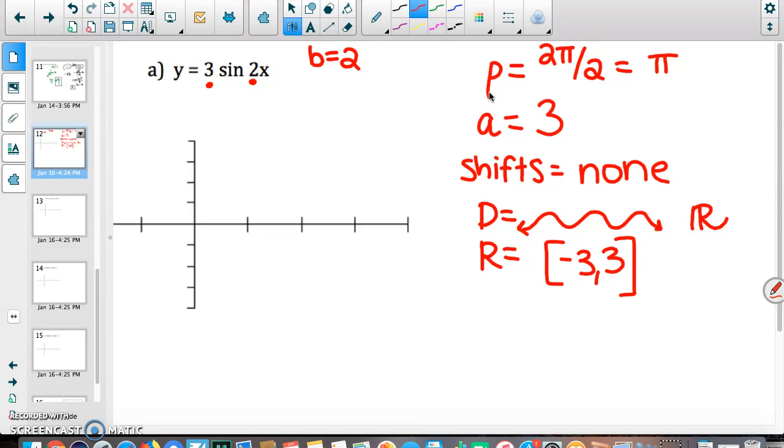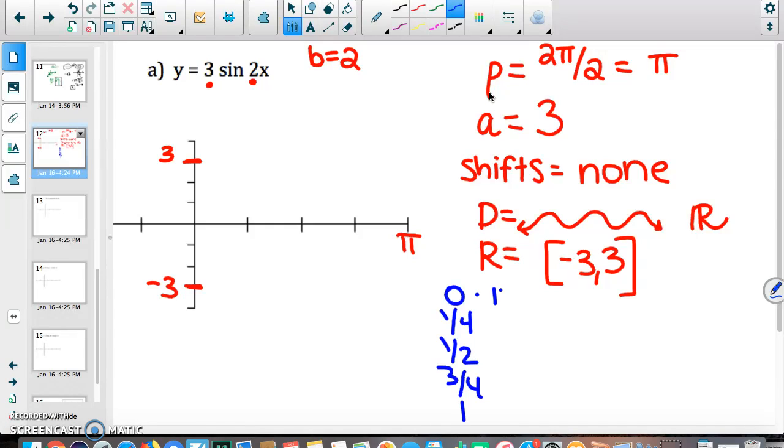Awesome, let's get graphing now. My amplitude is 3, so that means I'm going to go up to 3 and down to -3. I know that my period is pi, and since there's no shifts left or right, I can put my last marking as pi. Now to get our subintervals, some of us can do this pretty nicely by hand. I'm going to show the long way just in case though.